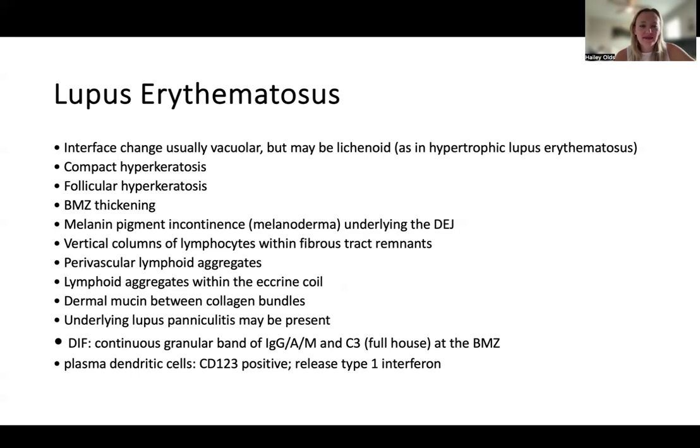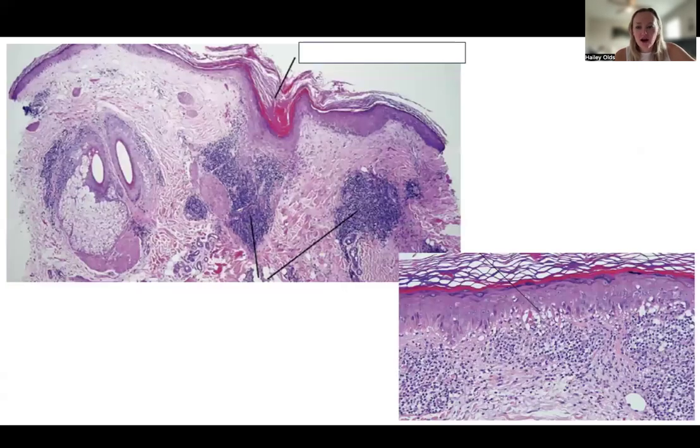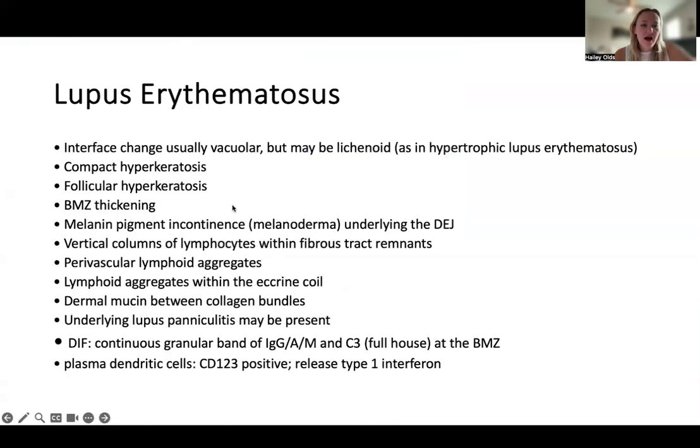This one has compact hyperkeratosis, follicular plugging, basement membrane zone thickening, which you can highlight with a PAS stain. You can see pigment incontinence, which is hard to see here, but maybe there, and some down here. Other things you can see are mucin between collagen bundles and lymphoid aggregates within the eccrine coil. And then the DIF is going to be that lupus band again.